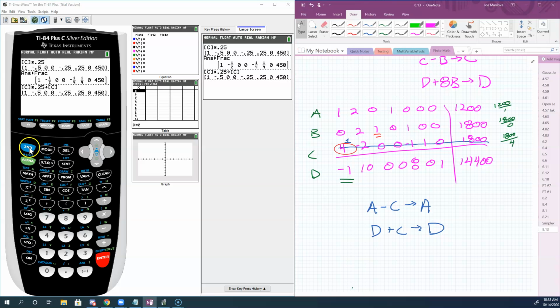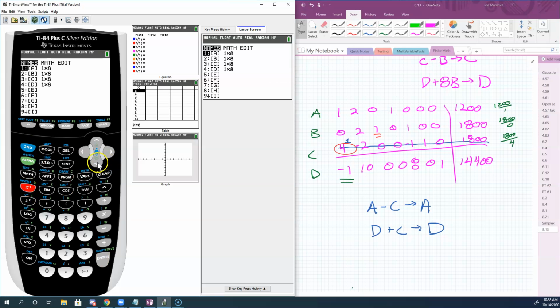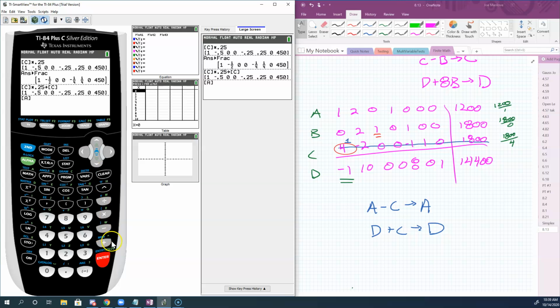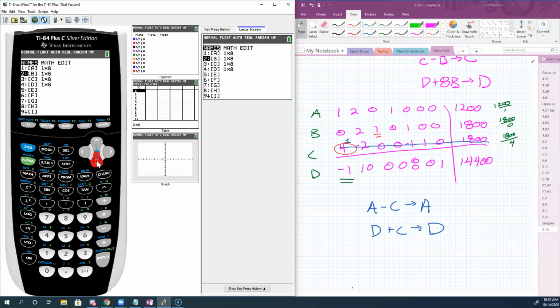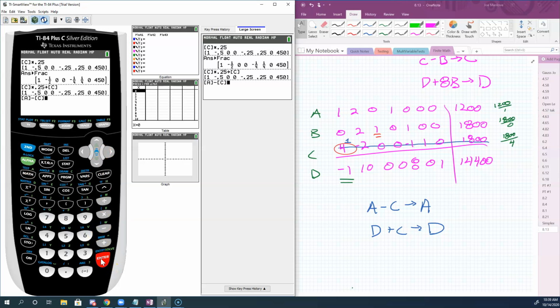So let me just execute my plan here. I'm going to say matrix A, oops, not plus, but minus C is going to get stored into A, and then D needs to get C added to it.